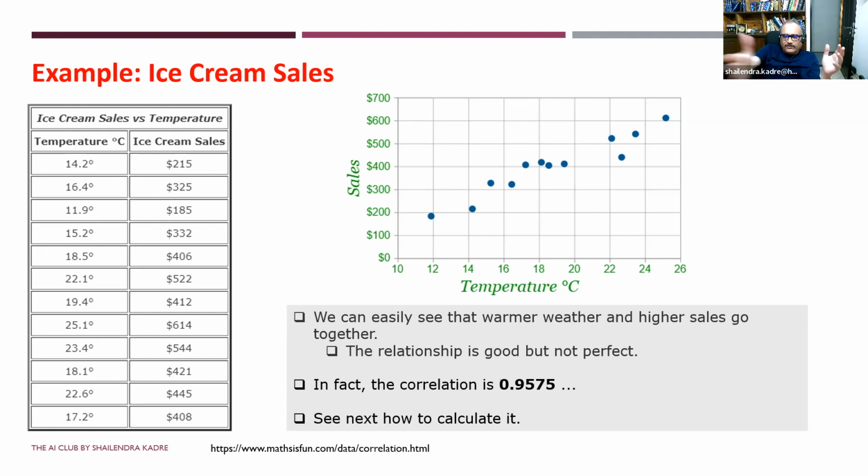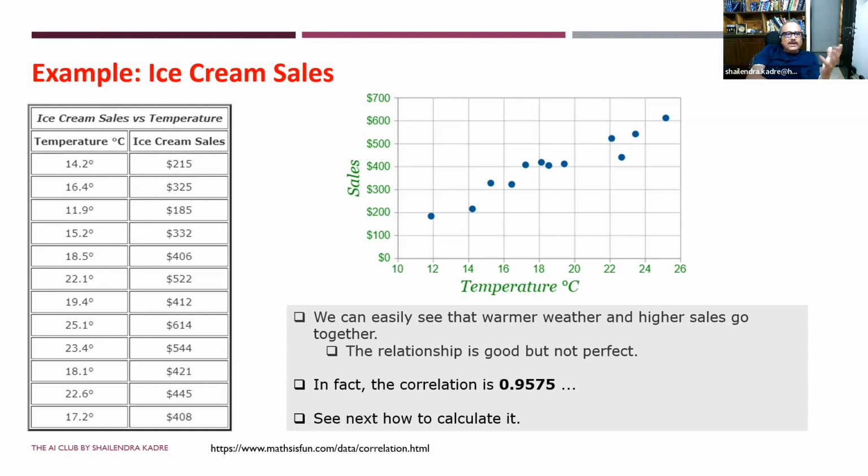So you see the graph. The graph is also similar. Temperature is plotted on the x-axis and sales on the y-axis. You can see the rise. Temperature is increasing from 10 degrees to 26 degrees, and ice cream sales in dollars are increasing from $0 to $700.